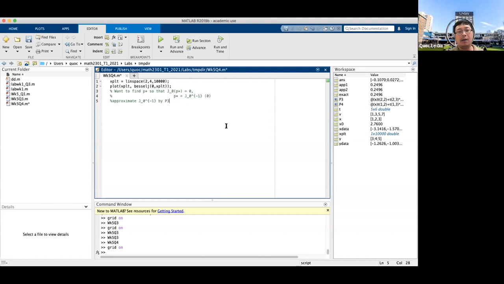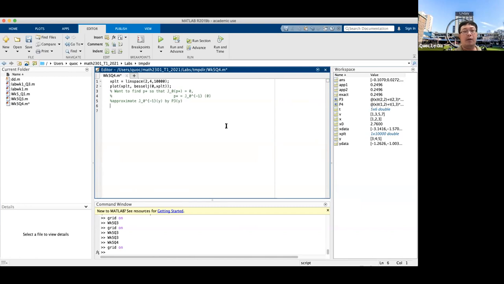And you see, because J is a function of X, therefore J inverse is a function of Y. So therefore P3 has to be a function of Y, yeah. So now how do I find P3(Y)? Well, this one is a function of Y.